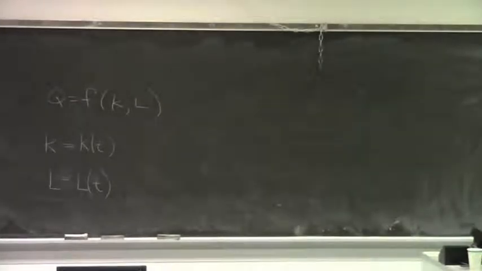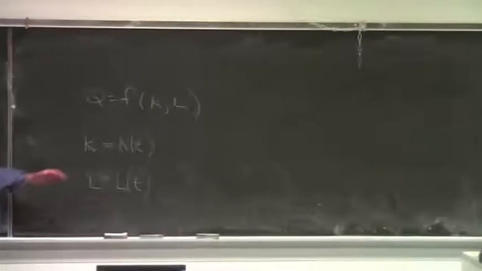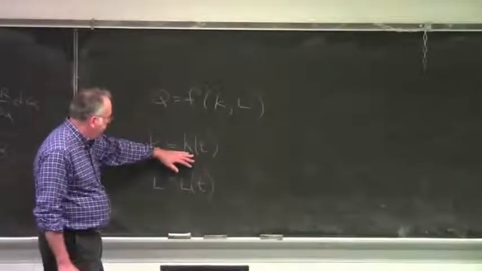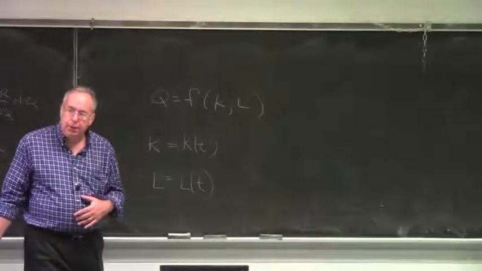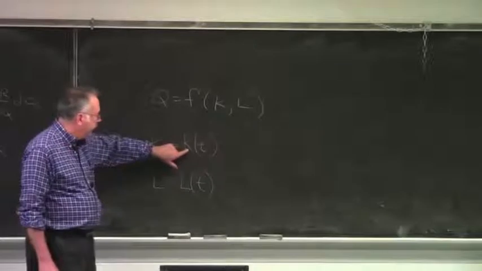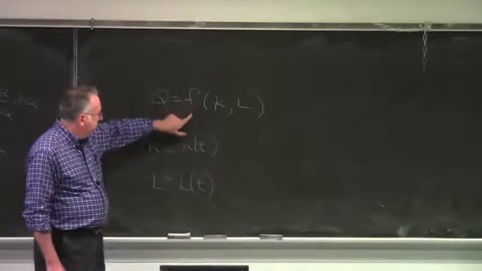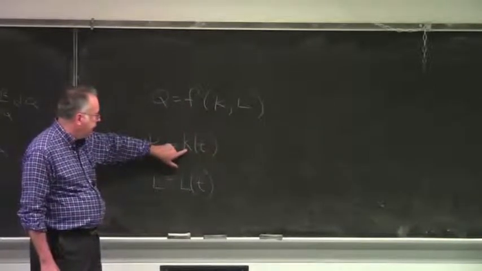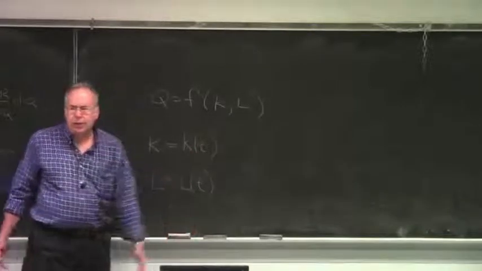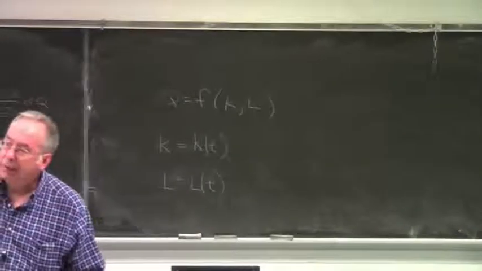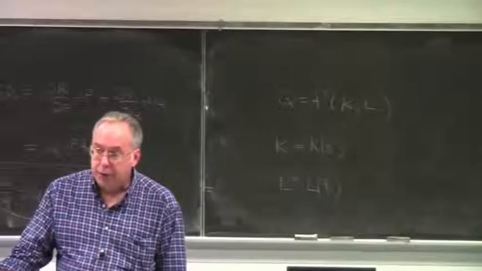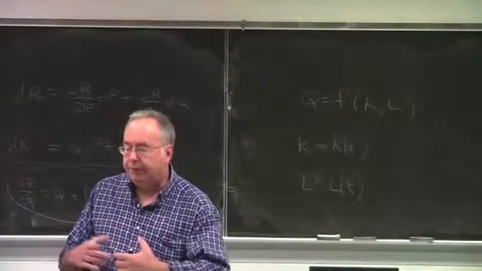Question? Why use the K there? It's just a notation that is kind of convenient and is often used. We're using F here. You could call this G of T, and you could call this H of T. But sometimes, since it's capital, they just write K parentheses T. And it's understood, David, that means capital is a function of time.